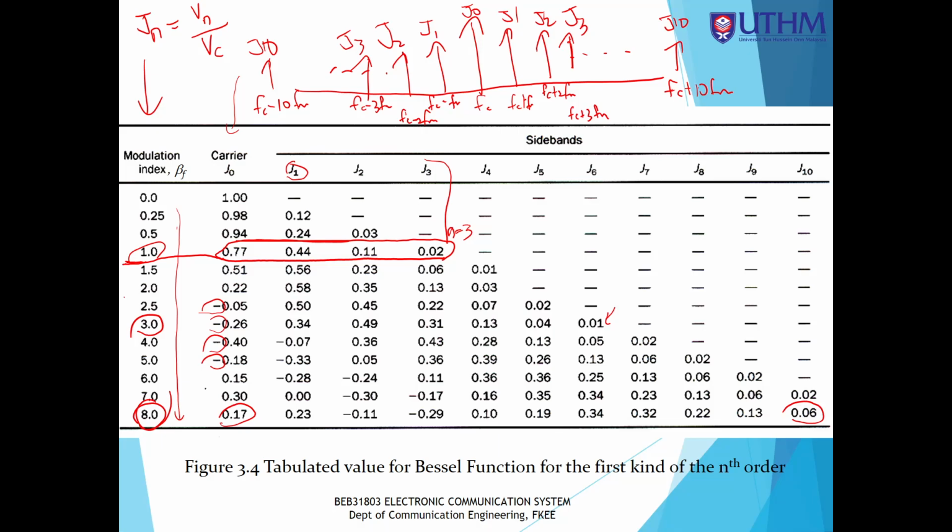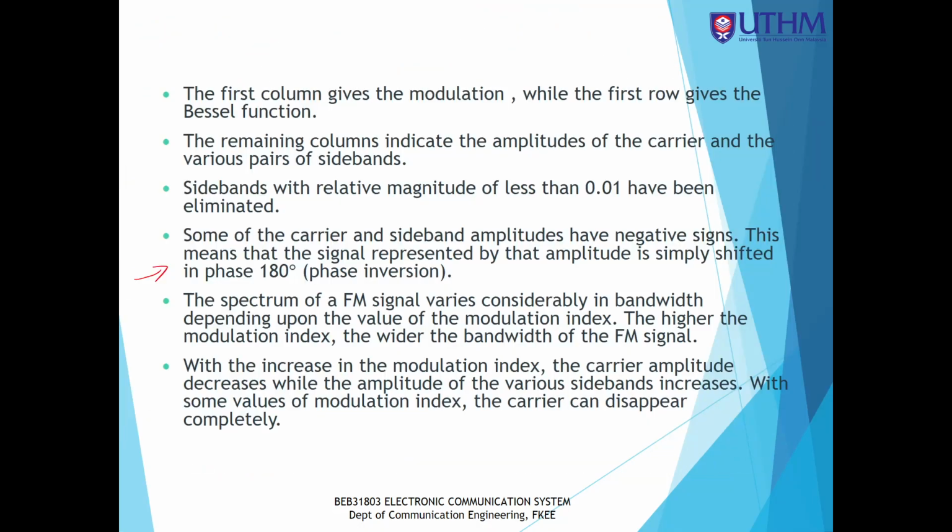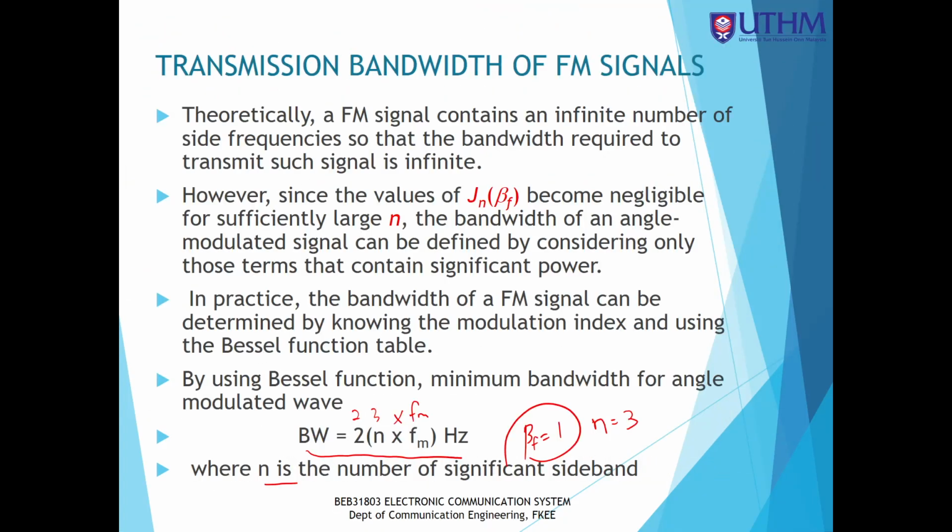You see that for beta f equal to 2, we're gonna have up to 4 pairs of sideband. So that means n equal to 4. Okay, so I go back to the slide.